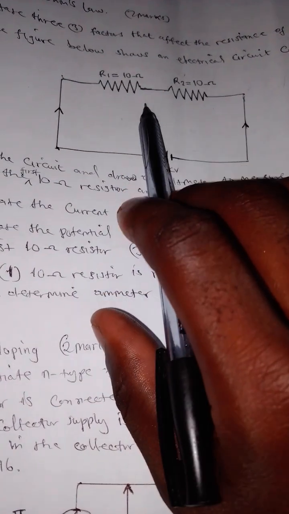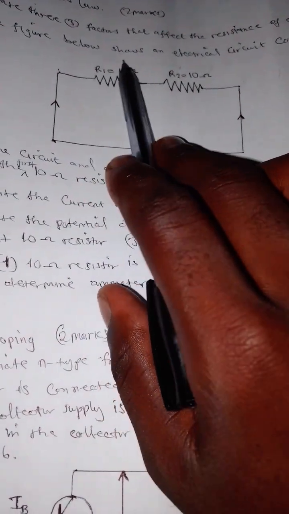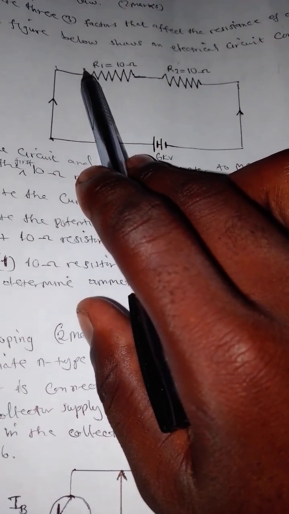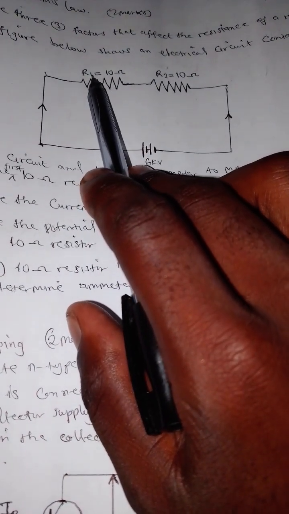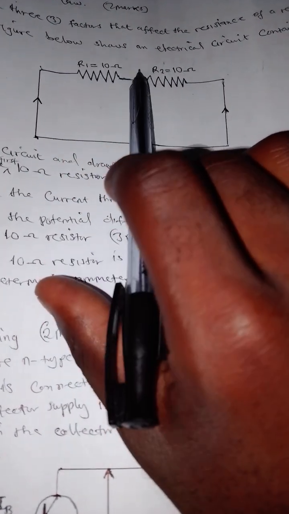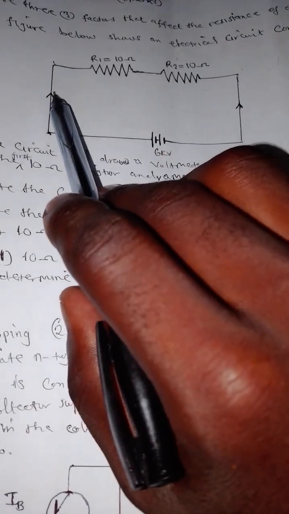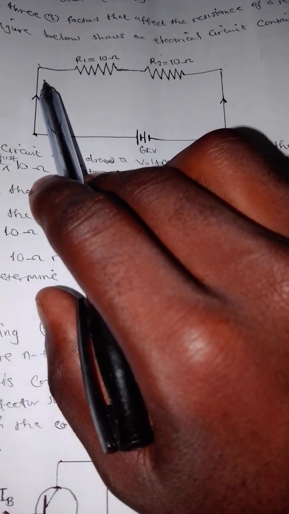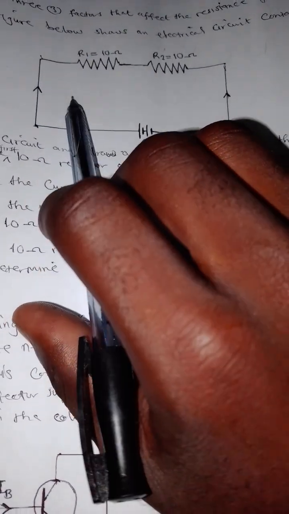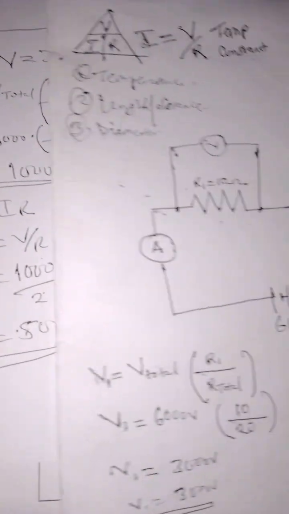We are going to place the voltmeter for the first resistor, but you don't have to place it anyhow. The voltmeter is connected in parallel, so we are going to make sure that it is in parallel to the first resistor. And the ammeter should be in series, so we are going to put it in series like this. So it will look like this.